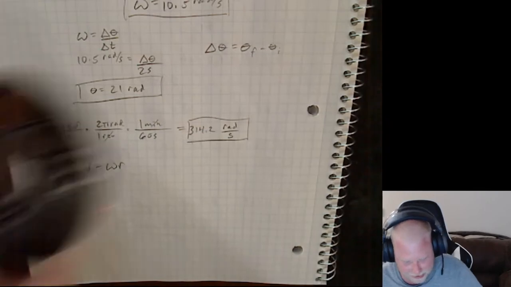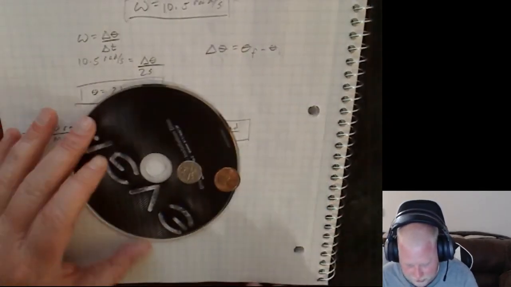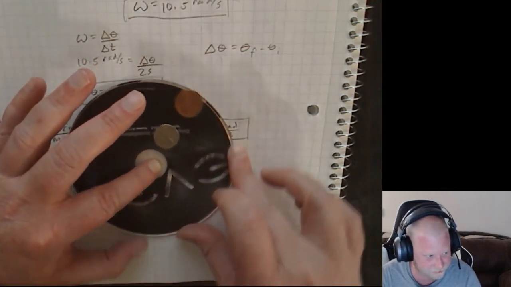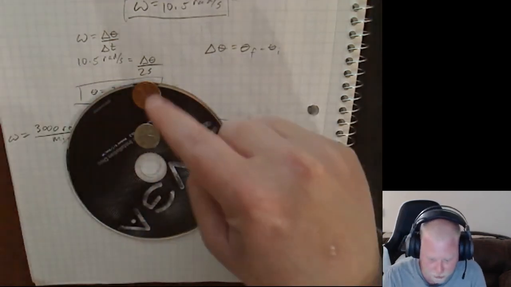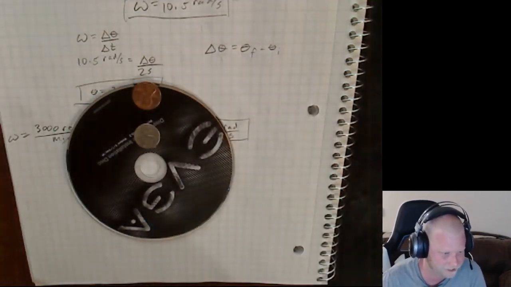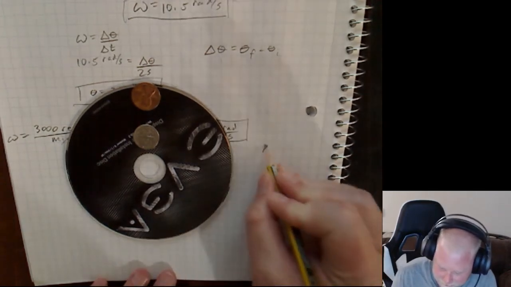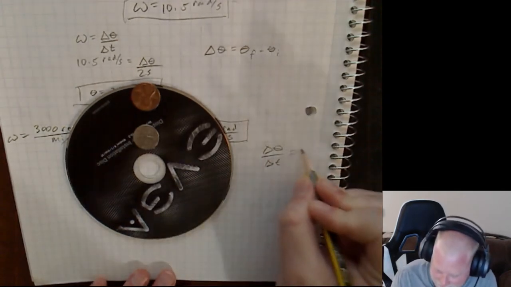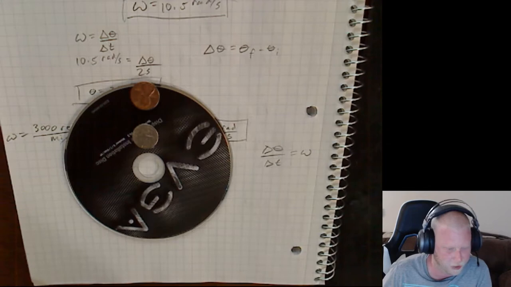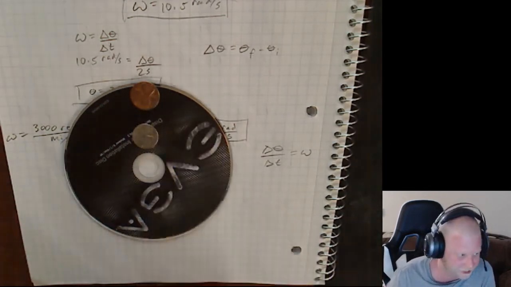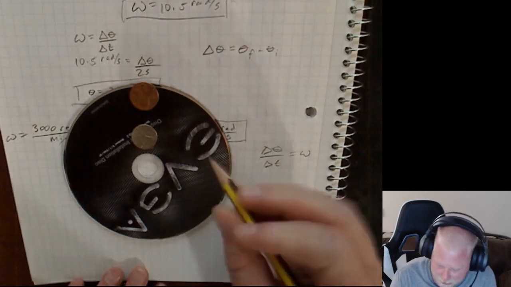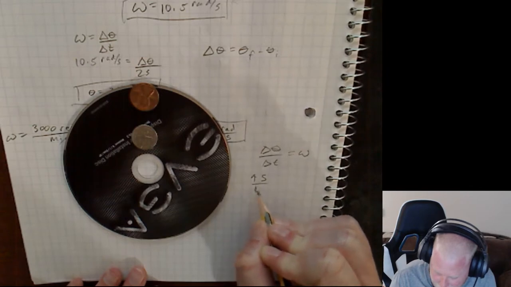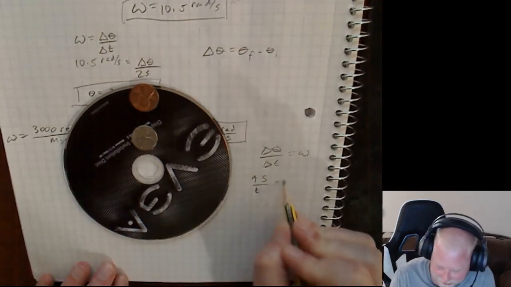So if we bring that CD back up, and we rotate this CD again 90 degrees, both the penny and the dime covered the same angular displacement in the same amount of time, right? So they would have the same angular velocity. But one of these covered a greater arc length. The penny covered a greater arc length over an equal amount of time, so its linear velocity is going to be greater.